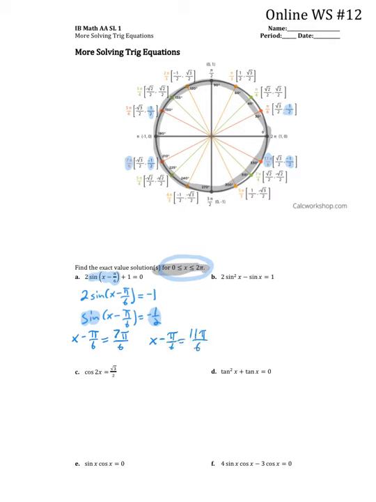So just like what we did last time, except now we're dealing with this shift of minus pi over 6 that we're going to have to make an adjustment with here. So if I add pi over 6 to both sides, I can figure out what my x values are. So 7 pi over 6 plus 1 pi over 6 is 8 pi over 6, or that simplifies to 4 pi over 3.